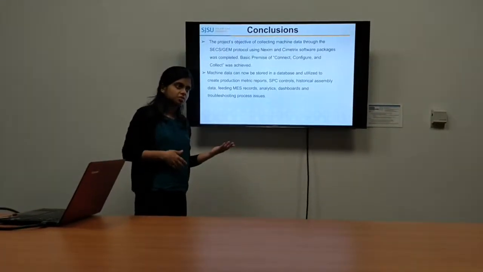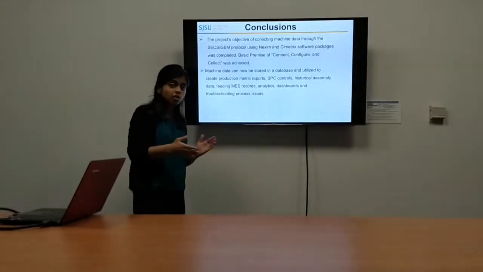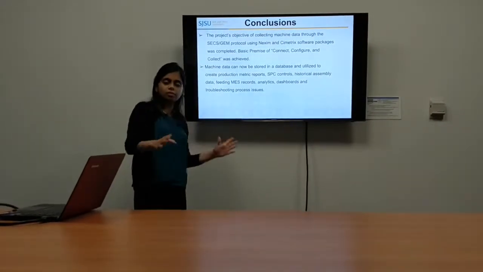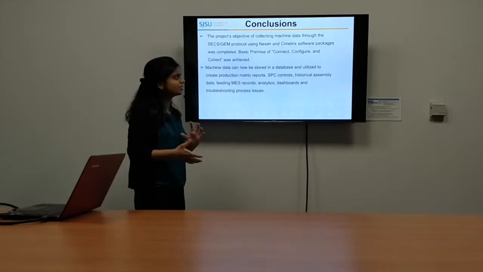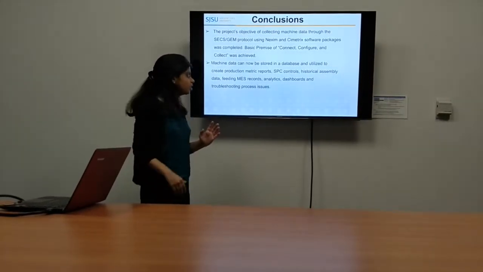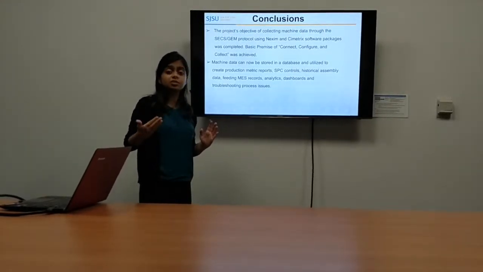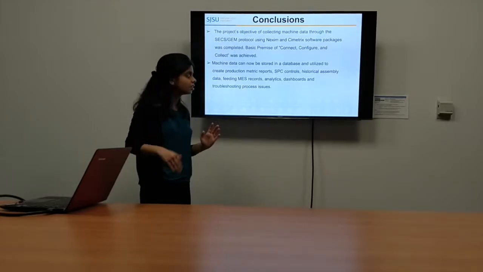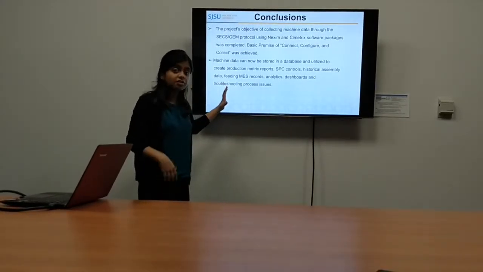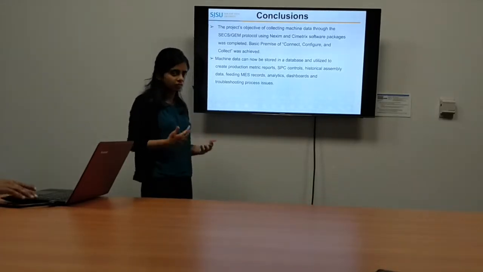The existing software just gave them a summary of how the overall production was, but it really didn't tell what was going on every minute. And when something goes wrong in the long run, you need to go and track down the data for every minute and see what was wrong and what was right. So SECS/GEM data really helped us to connect, configure and collect data from different machines.